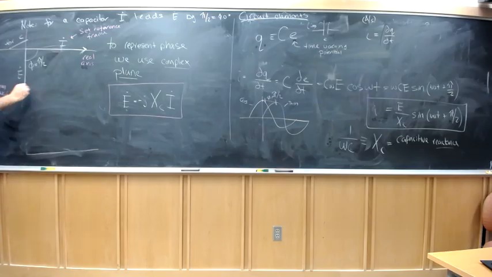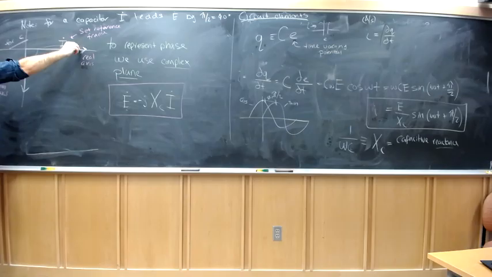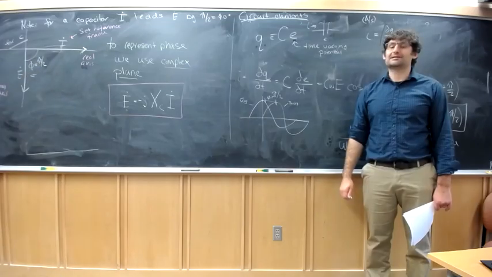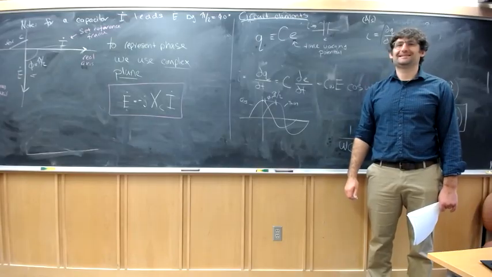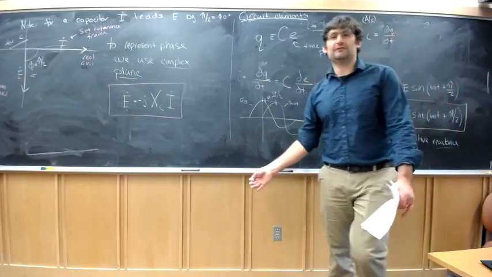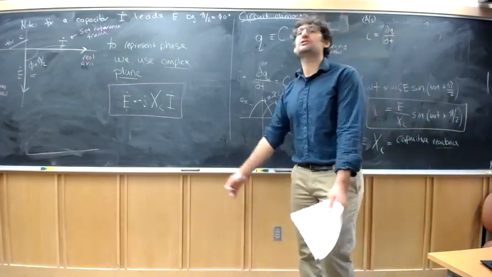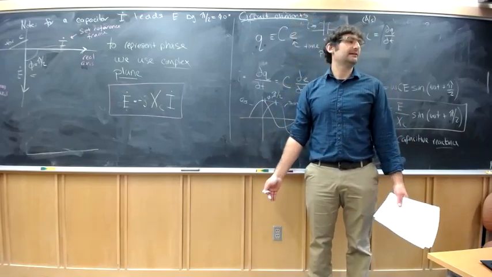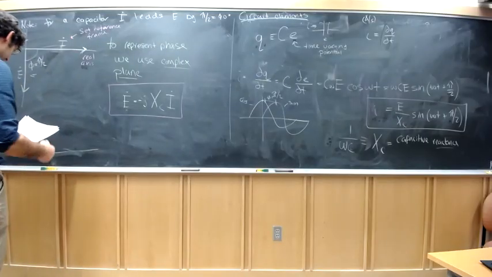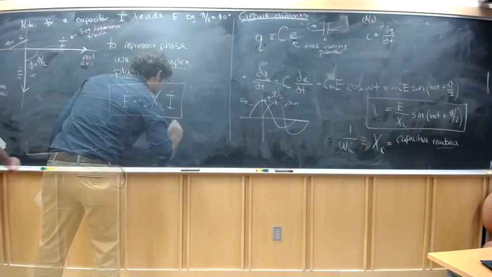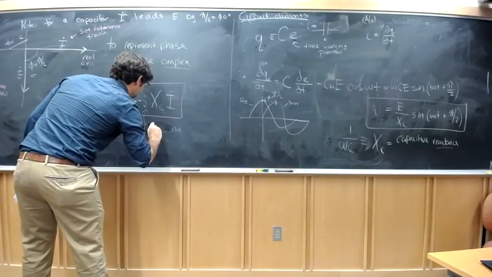And if it was a purely resistive system, E and I would both be on the real axis. So we can set our reference frame to be I, and look at where E is relative to that based on some phase shift. This complex plane stuff gets complex, but it's just a way to represent the phase shift. It's a compact mathematical notation to represent a phase shift, basically. And if it's purely on the imaginary axis, it's a phase shift of 90 degrees. Oh, quick question. Yeah, imaginary, yes. Okay.